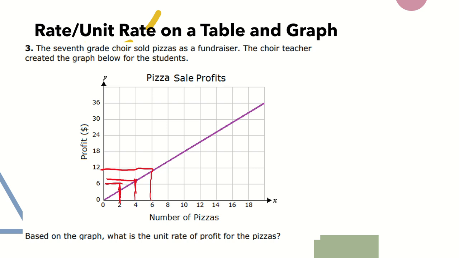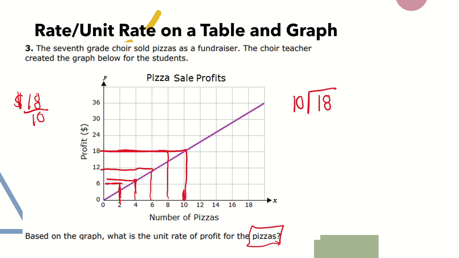8, 10, I think 10 will work. So let's look at 10. In this case, 10 pizzas will profit $18. So we want to figure out the unit rate for one pizza. I would just simply go 18 divided by 10.